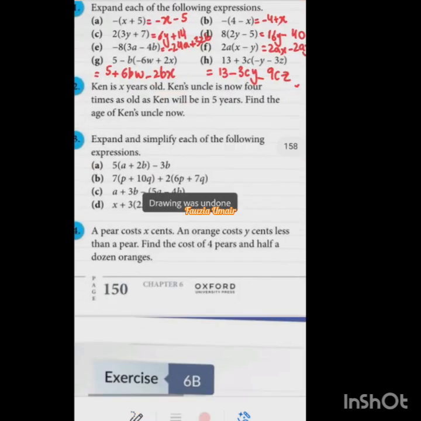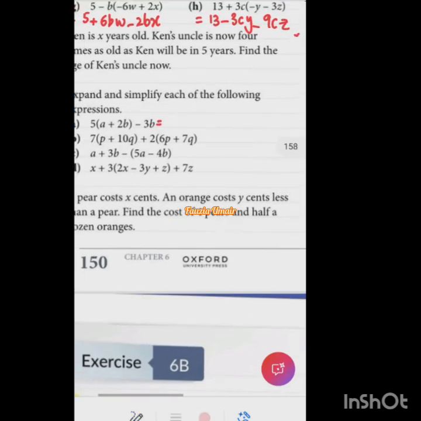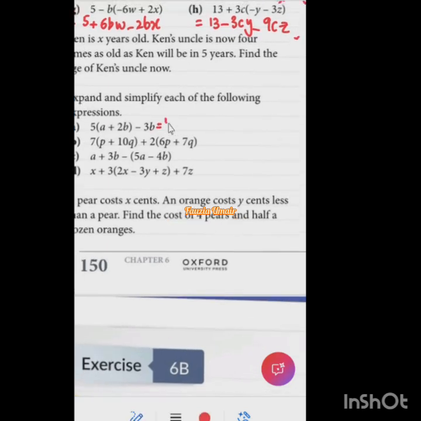So now this one. What will be the first part? 5a plus 10b.